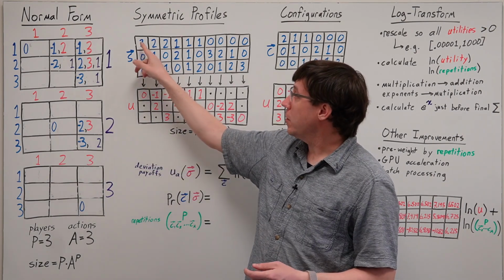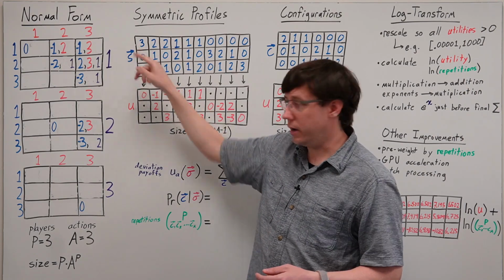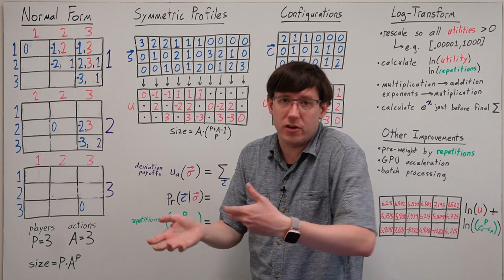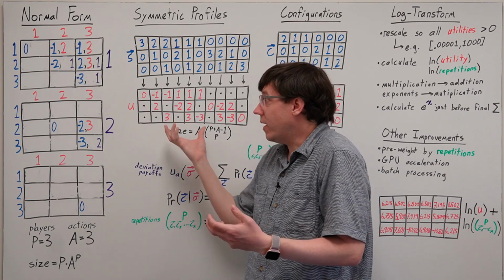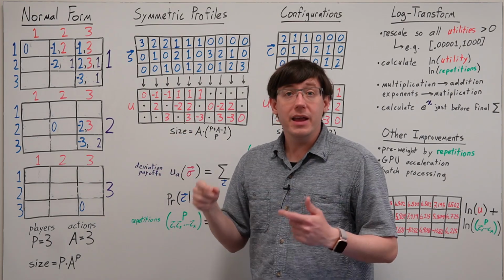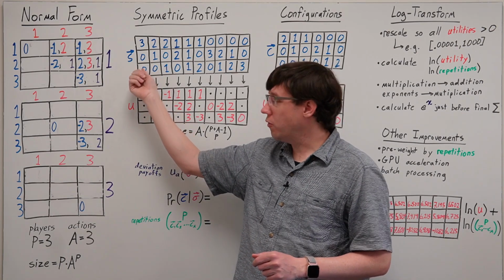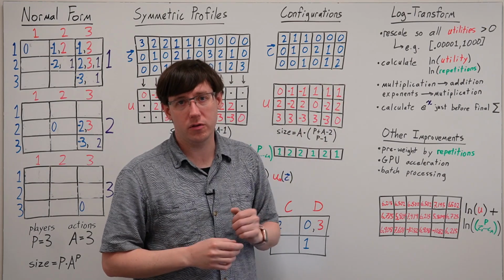Because for a profile where everyone is playing action 1, there's no payoff information we need to store for actions 2 or 3. And we can further improve our representation by eliminating that redundancy if we switch our representation away from profiles and instead to opponent configurations.